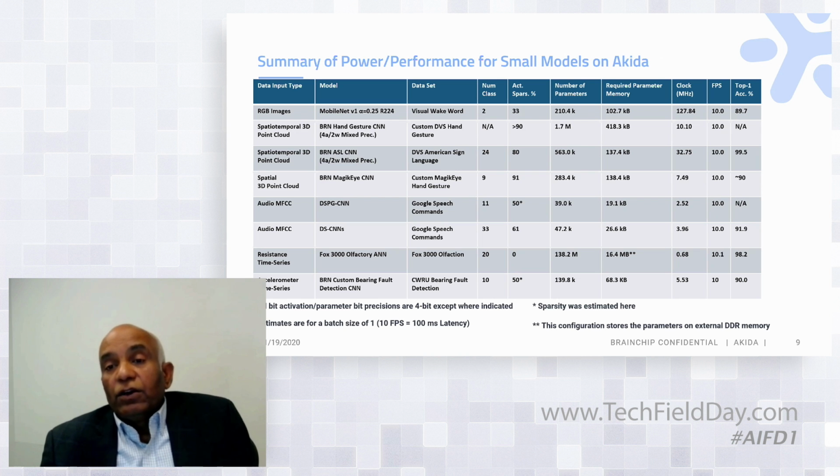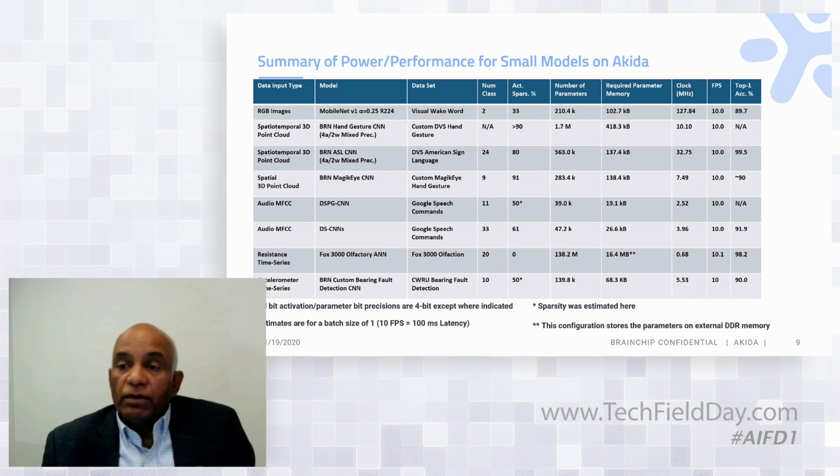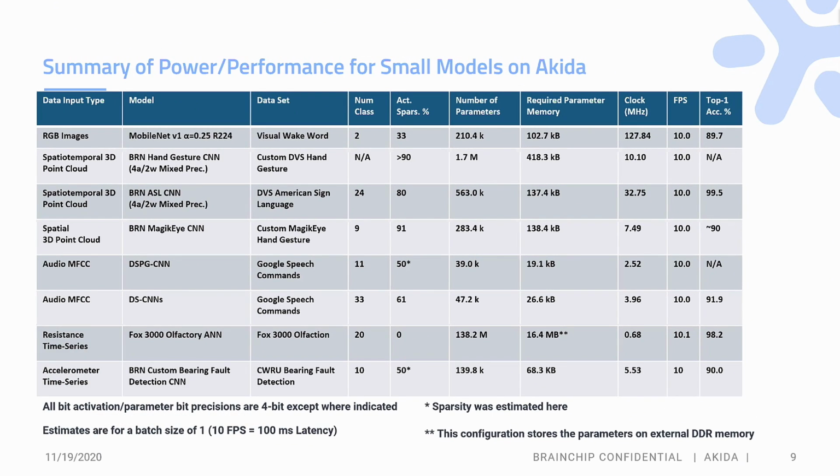We actually do very well with 3D point cloud, LiDAR or some other gesture. Our partner Magic Eye has generated 3D point cloud from an image for 3D depth sensing. Or resistance time series, just values, for olfactory smell detection, or even ball bearing fault detection. For all of these analyses, look at the activation sparsity that I talked about.